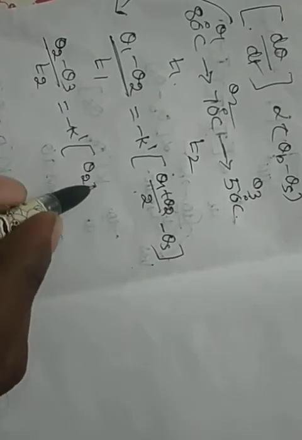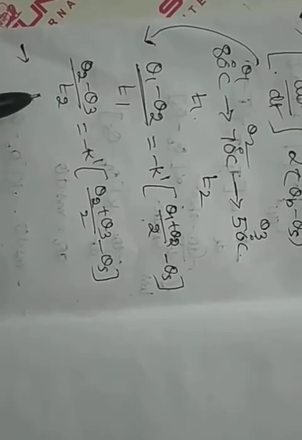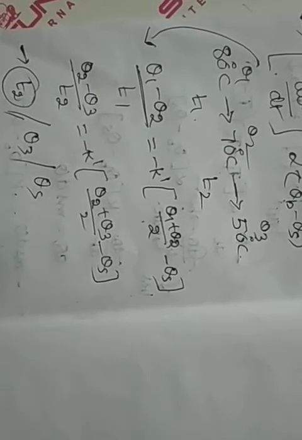Similarly, theta 2 minus theta 3 by T2 is equal to minus k dash multiplied with theta 2 plus theta 3 by 2 minus theta s. In this type of questions they will mainly ask T2, or theta 3, or theta s.